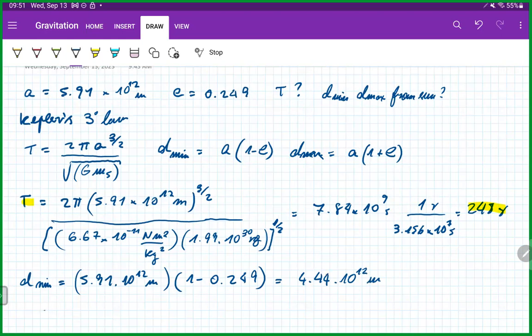So let's just skip those and get that for D max, just 7.38 times 10 to the 12 meters. You have these two here.